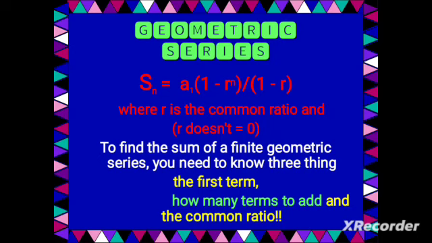On the other part, the other formula is when r is less than 1. When r is less than 1, the formula is a into bracket 1 minus r raised to power n into bracket over 1 minus r, and that will help you to find the sum of the first n terms of the geometric series with a common ratio, and the common ratio is less than 1.